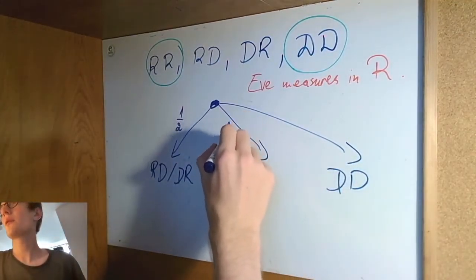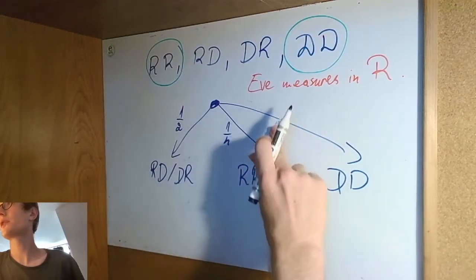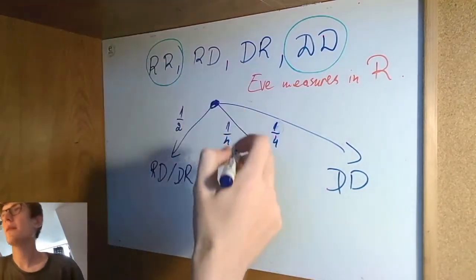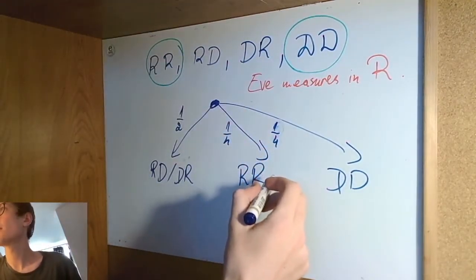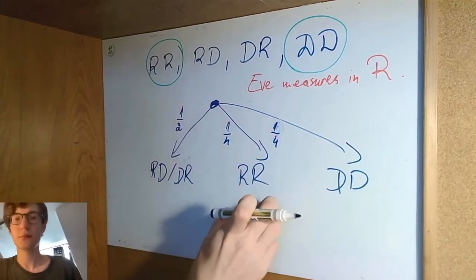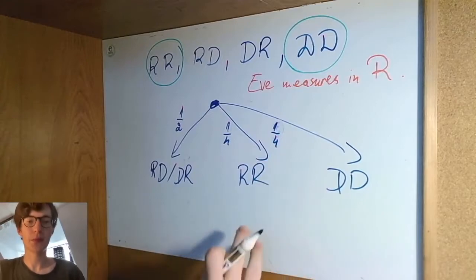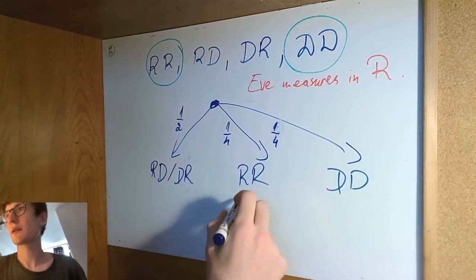And they both have 1/4 chance to appear. That means we can just consider these 2 scenarios and then compute the whole probability of success.